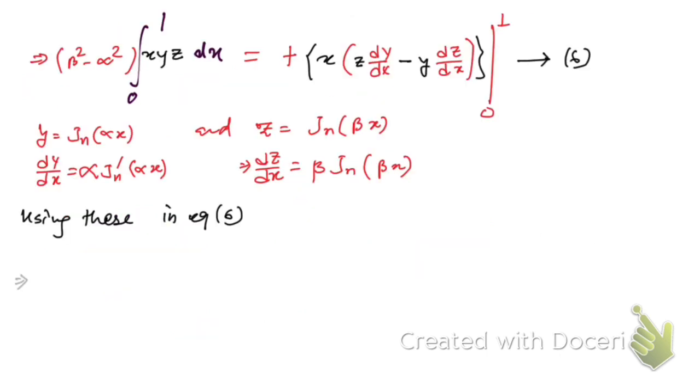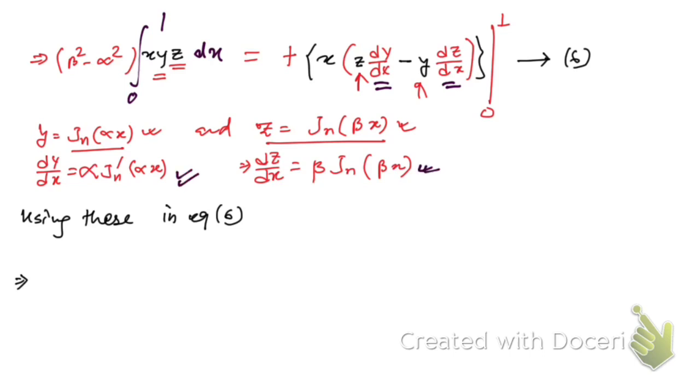Now using these results, y will be replaced by this, and z will be replaced by this. Similarly here also, y and z will be replaced by these two results, and dy by dx and dz by dx will be replaced by these two results.